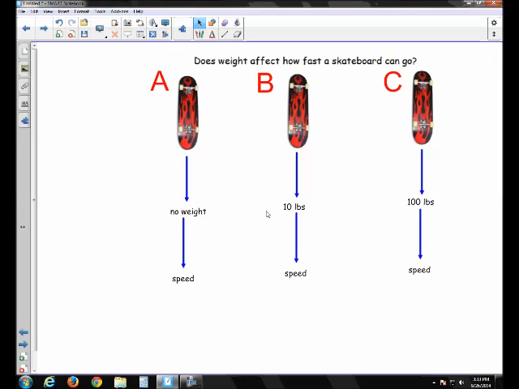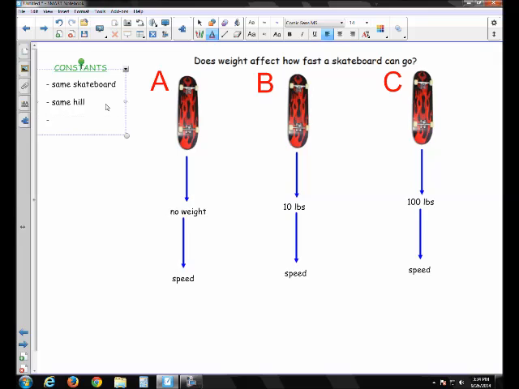So what we want to do first is take a look at some things that we want to keep the same in our experiment. Those things that we want to keep the same are called constants. Those are factors that you want to keep the same in our three trials, A, B, and C. For instance, it would be very helpful if we used the same skateboard, the same hill.